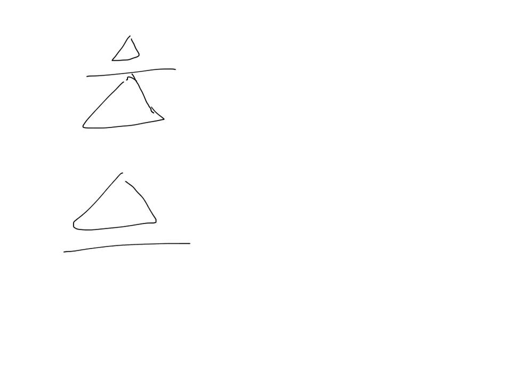Okie dokie. Cool. So as long as you match up triangles from small to big, or are consistent and say from big to small, the triangles will be similar if the ratios between them are the same.